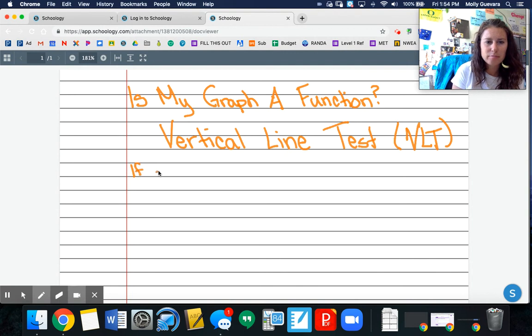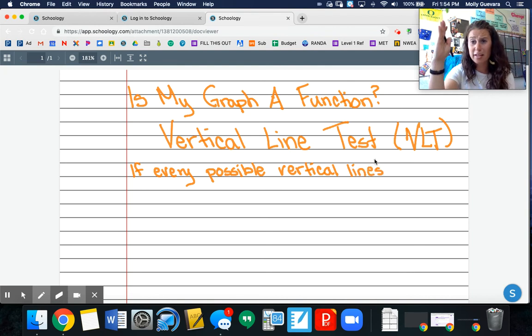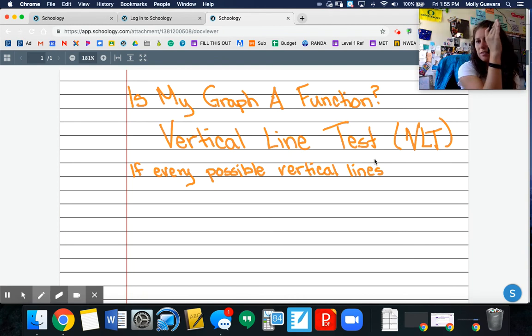If every possible vertical line, so how many possible vertical lines are there? Infinitely many, right? Like every single little vertical line.